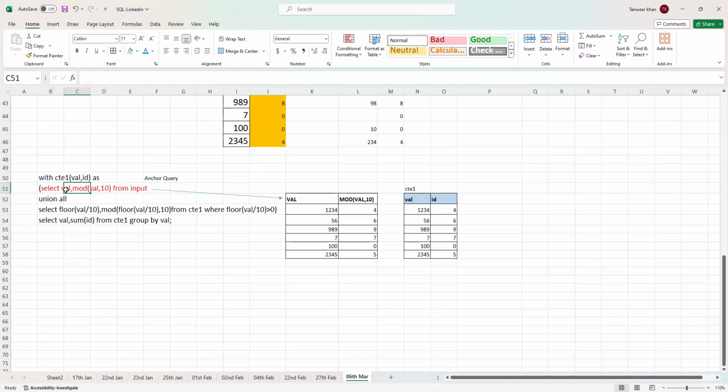So this val will be saved in this val, and the mod of val comma 10 output will be saved in this ID column. So that's what I'm showing you here, that when you executed this query, this was the output, but this output will be saved in the CTE1 table in this val and ID column.